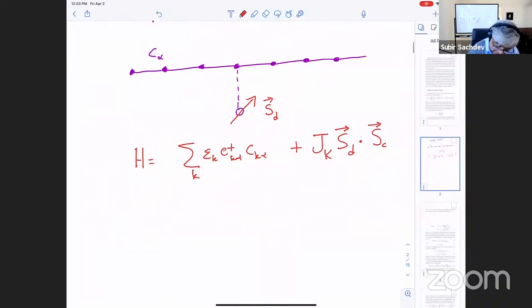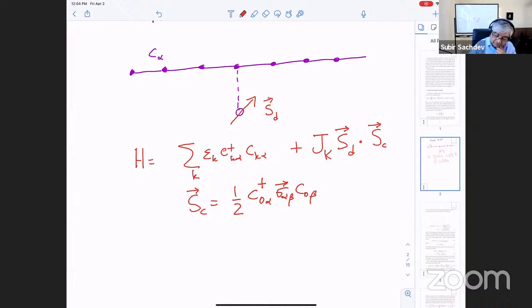And the spin of the conduction electron is related to the c operator by the usual relationship for the spin density: c dagger at 0, sigma Pauli matrix alpha beta, c at 0 beta.